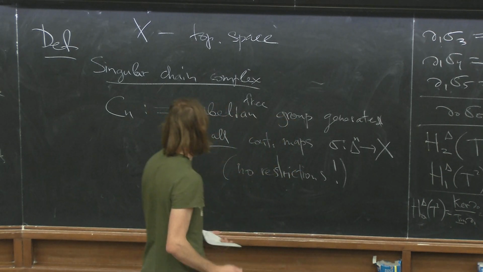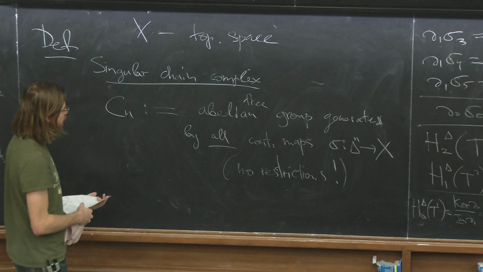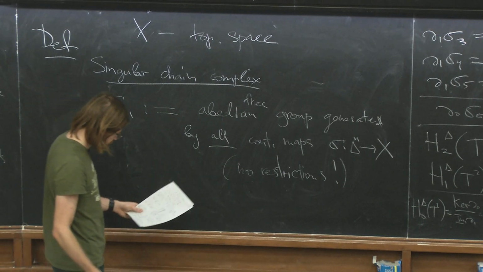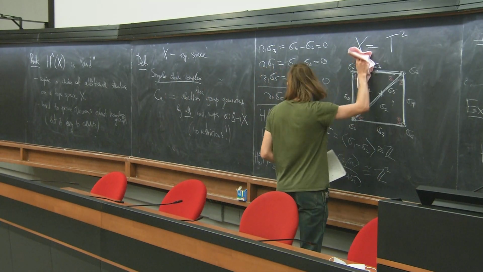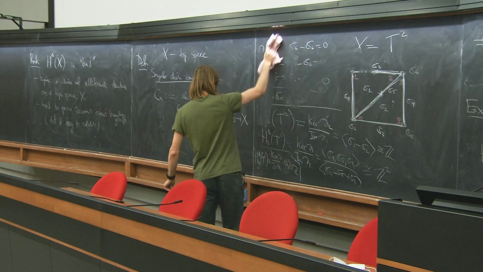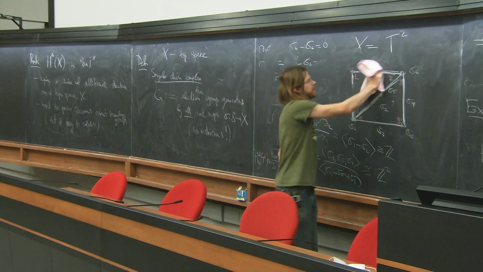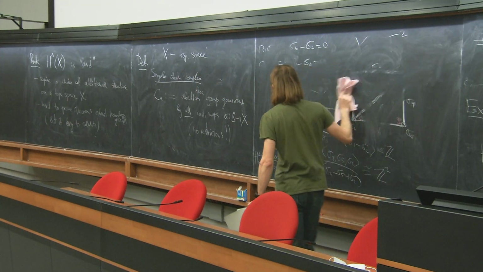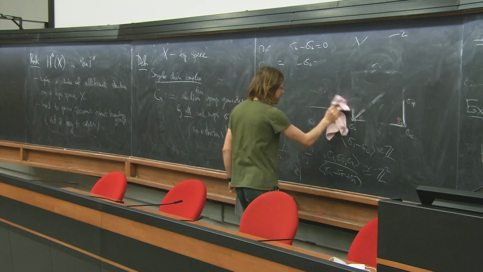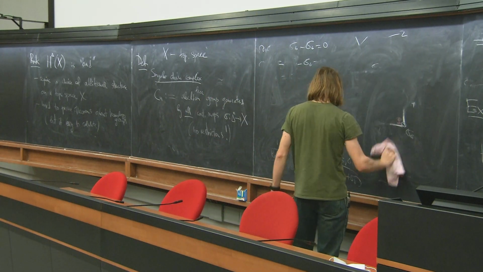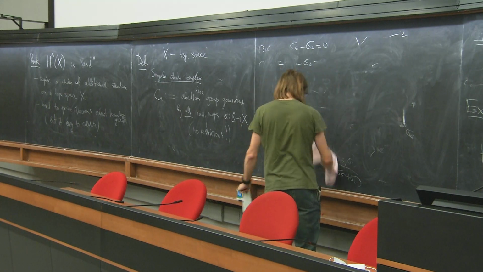So this is a very crazy group. But what will happen is that the corresponding homologies are still usually quite manageable. In nice situations, like when X is a manifold, the homology groups are finitely generated.